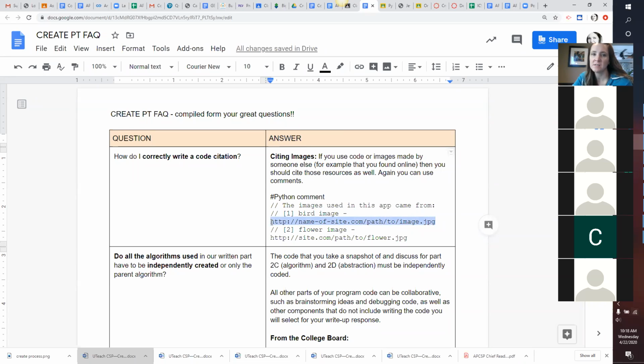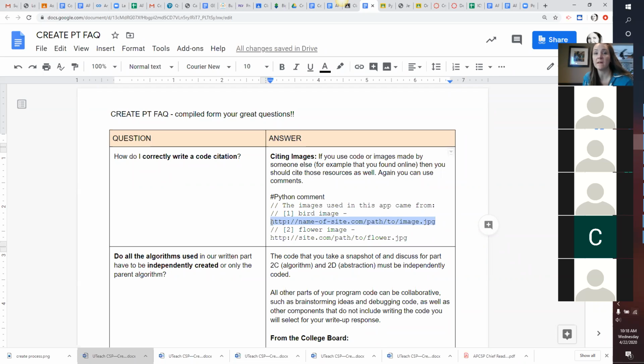But you could just make a comment that you got this code from, and then you could link that to wherever you found that code. It could be a URL, and you can include the person's name. To the best of my knowledge, the College Board isn't as concerned with the way you are citing your materials. They're just concerned that you are.